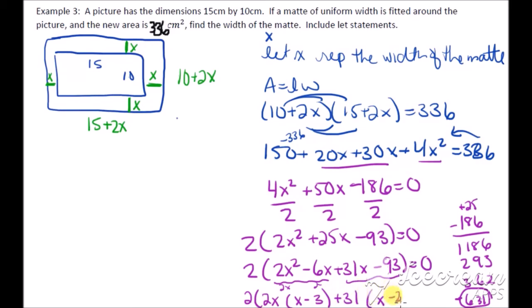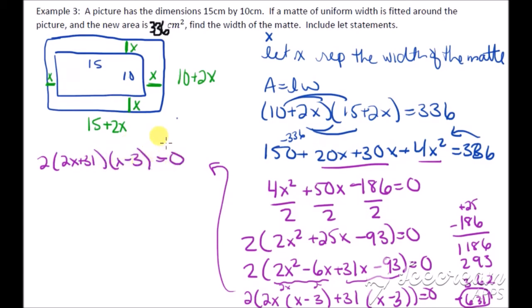We're left with (x − 3). Sorry to do this backwards, but our full factor is (2x + 31)(x − 3) = 0.